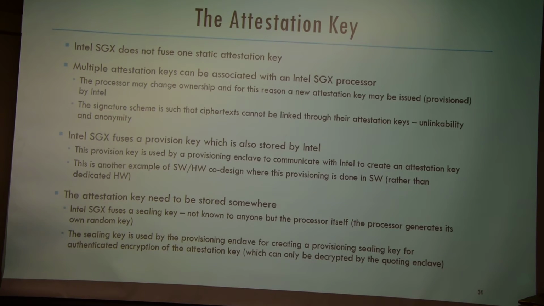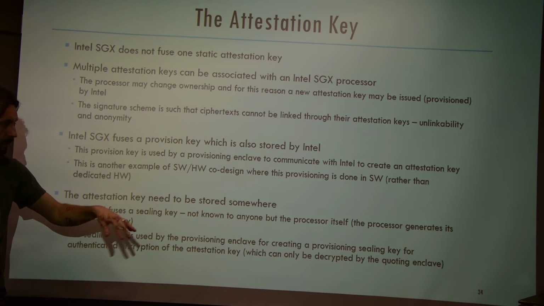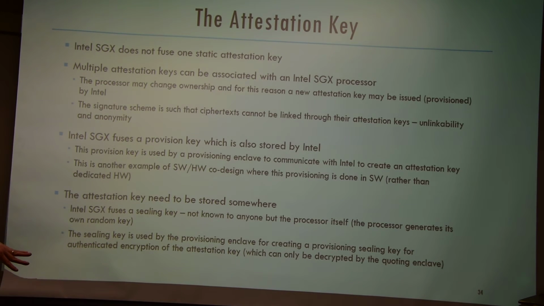So this is really all about key management, by the way. Did you see how complex key management can become? Anyway, so the attestation key also needs to be stored somewhere in the processor, right? It's not fused in. Instead, Intel SGX fuses a sealing key, which is not known to anyone but the processor itself.